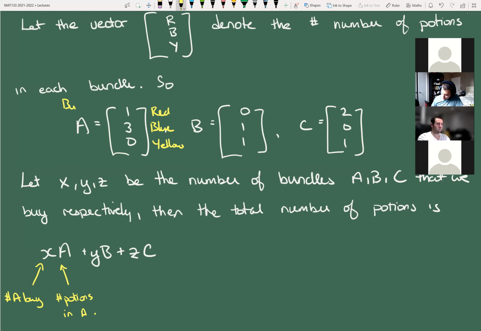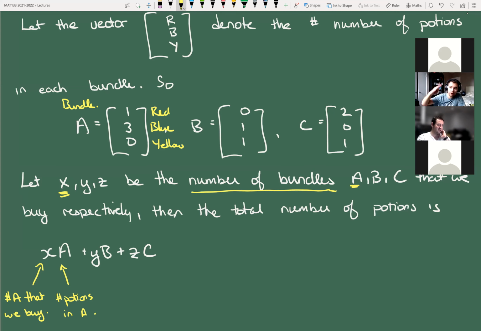So this is the bundle A. It has 1 red, 3 blue, 0 yellow, and then X is the number of bundles of A, right? The number of A that we buy. I was just running out of space, so I was being a little sloppy there.